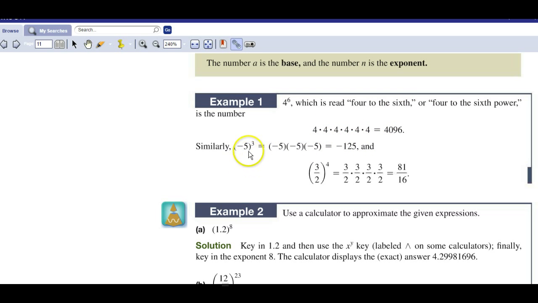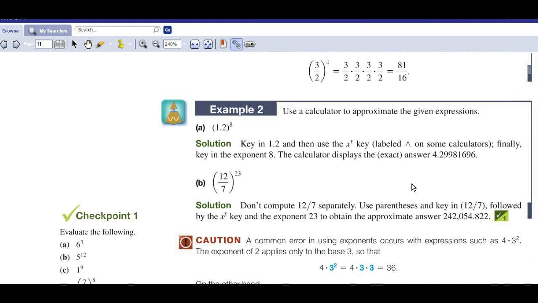And similarly, in parentheses now, because this indicates your base, it's a negative 5. It means this. And again, this fraction to the 4th power indicates that.